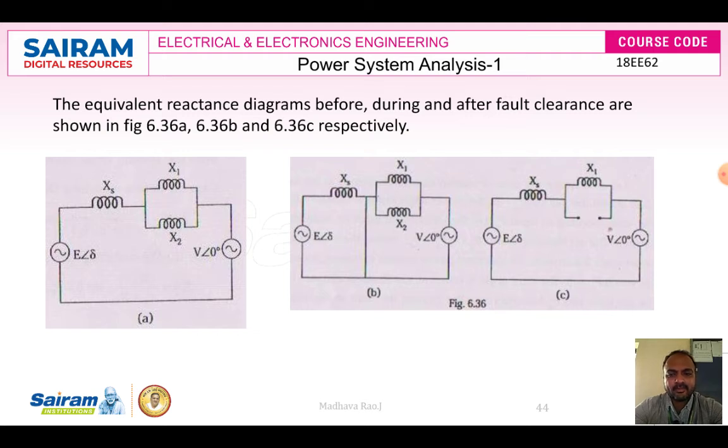Before the fault, xs, x1 and x2 will be there. During the fault, one line will be short circuited between the two reactances, x1 parallel to x2, and xs. After the fault is cleared, x2 will be disconnected.